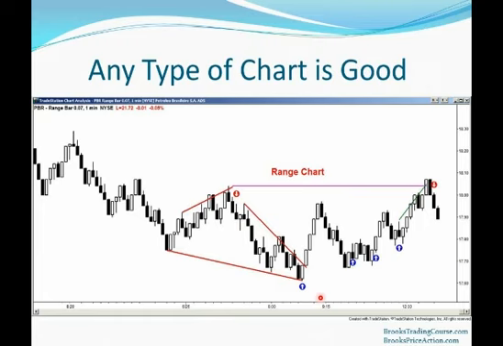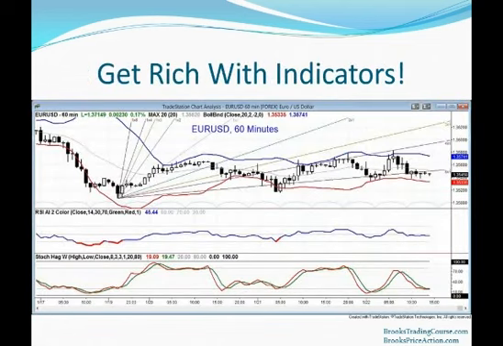It does not matter what type of chart you use. All they are is representing human behavior. This is another example of the same thing, this time using the euro versus the dollar cross forex market 60-minute chart.